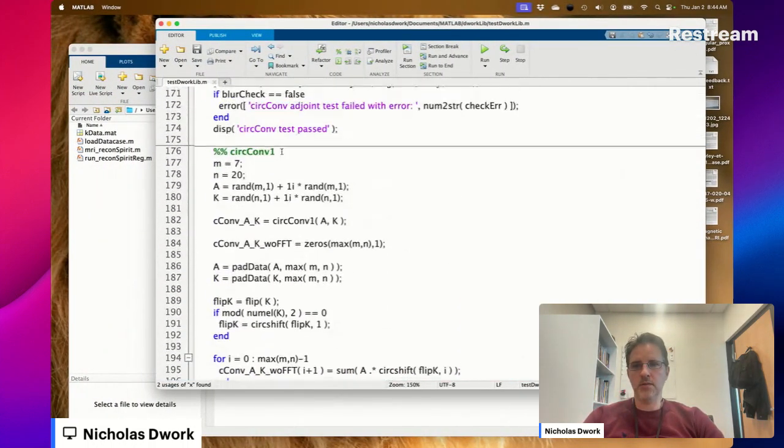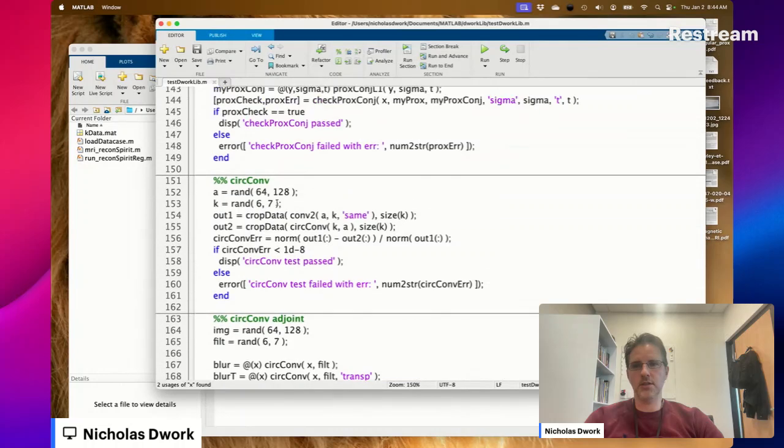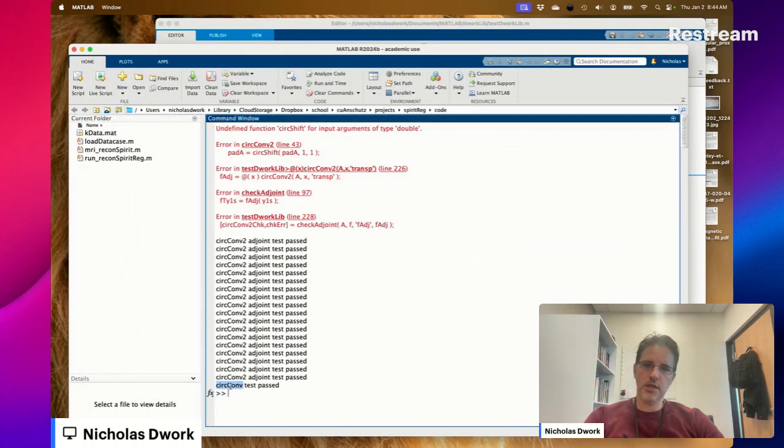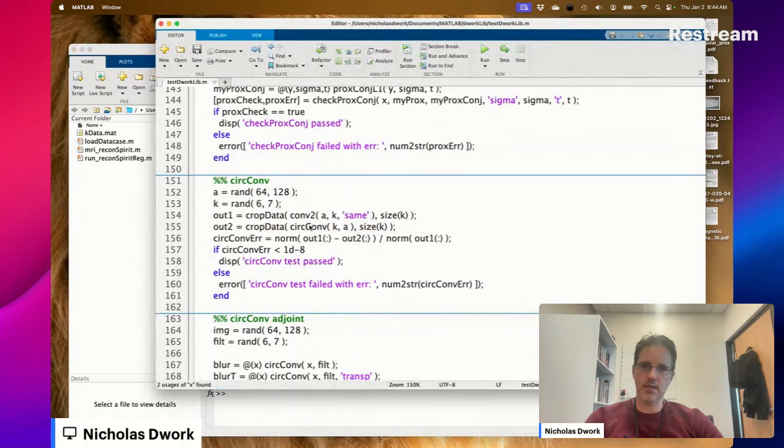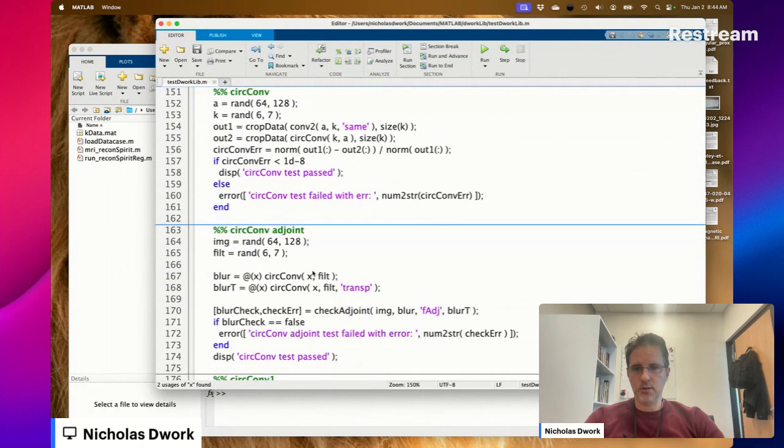This is one of those moments where I know if I don't do it right now, it's going to be so much harder next time. The circ conv test passes. This looks like I'm comparing just one. Let's see if we can fix this quickly.